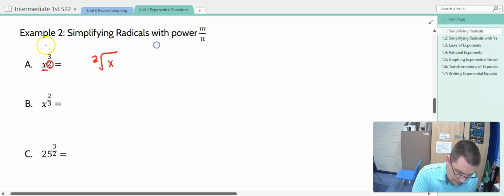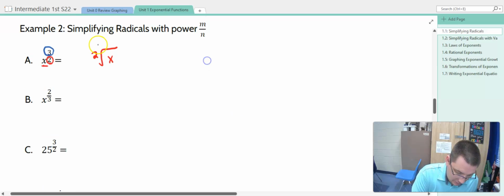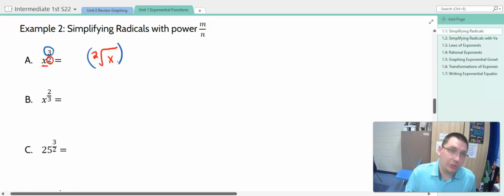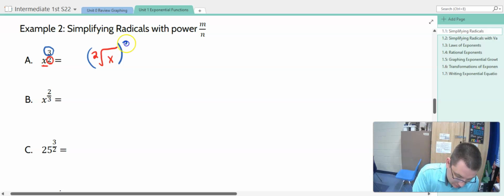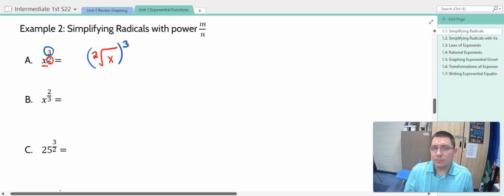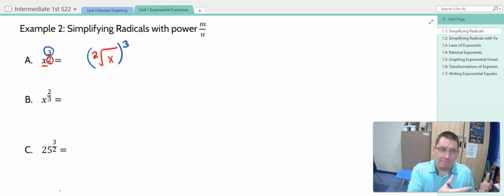And then the 3, this power here, we're going to take that whole radical now and raise it to the 3rd power. Now, with a variable, there's nothing else that we can do. But as we look at example C and D in a second, we're going to see that we're going to be able to do things in order.